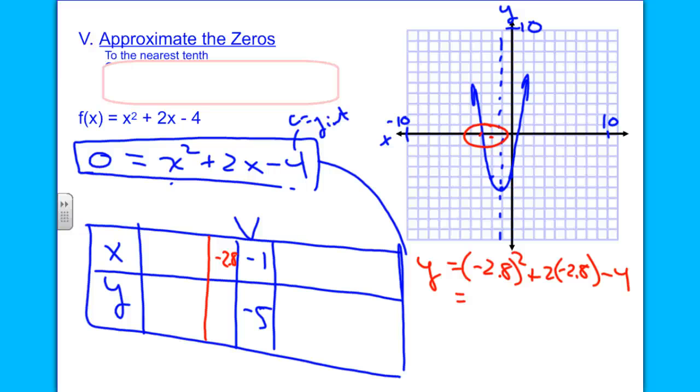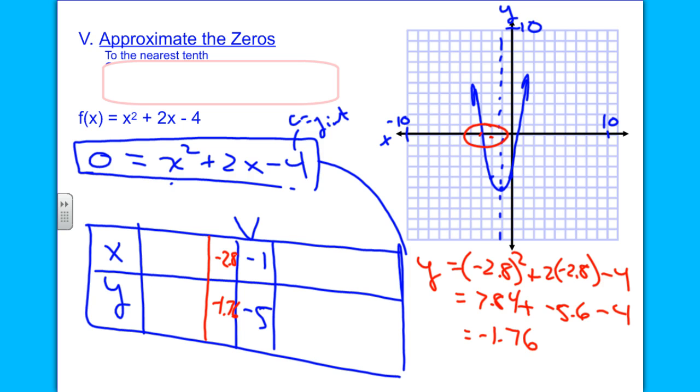Quick, to save us time, use your calculator. What is -2.8 squared? -2.8 squared must be positive. 7.84? We got -1.76. That doesn't feel very close to 0, does it?